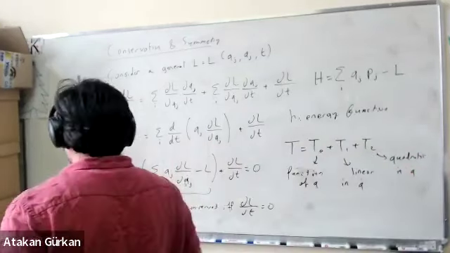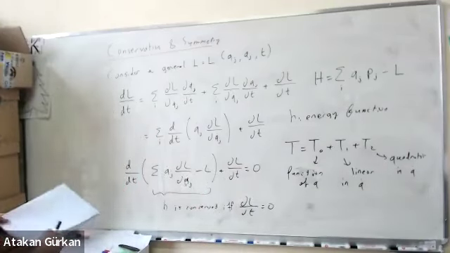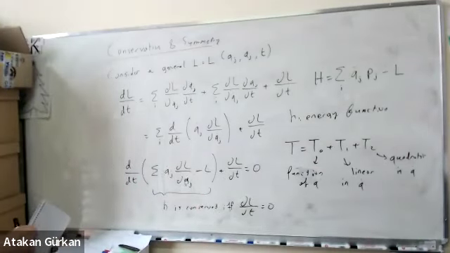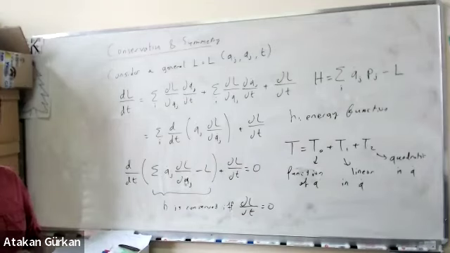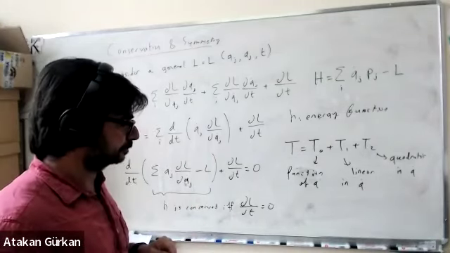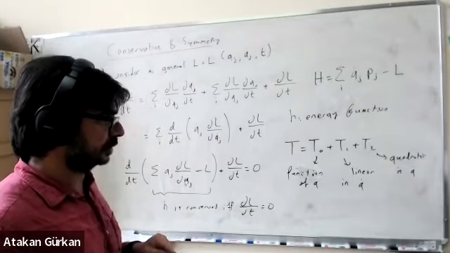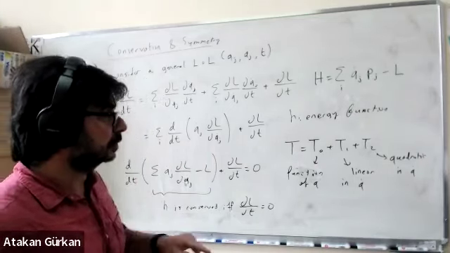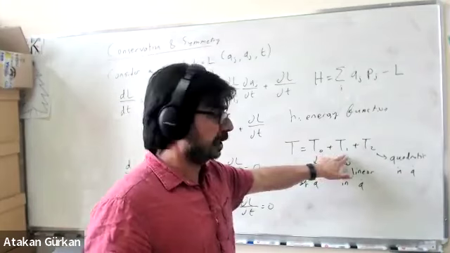It turns out that you can always separate your kinetic energy this way, and if the function that takes your original Cartesian coordinates into your generalized coordinates does not involve time, then you're not going to have T0 and T1 terms.